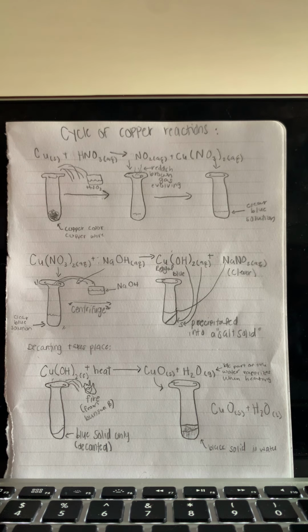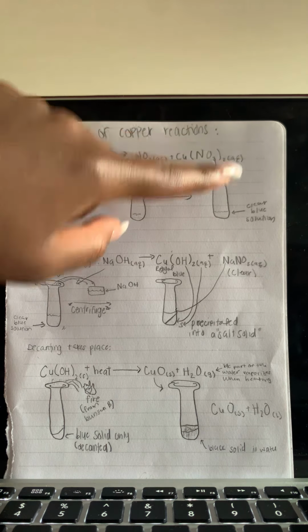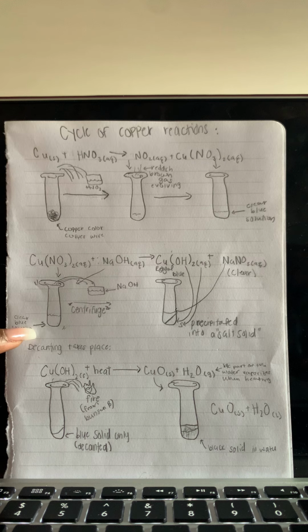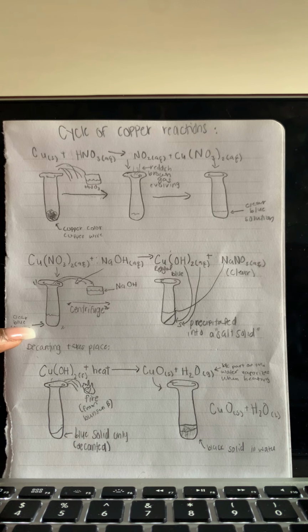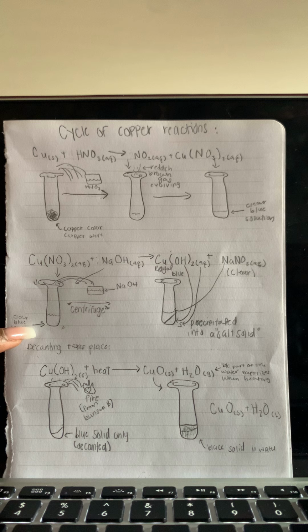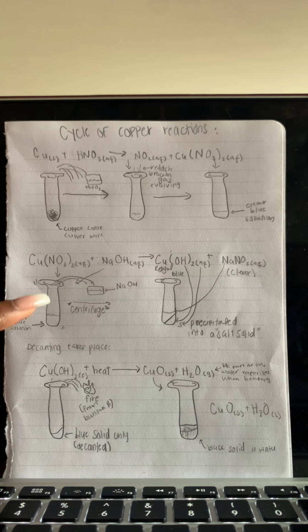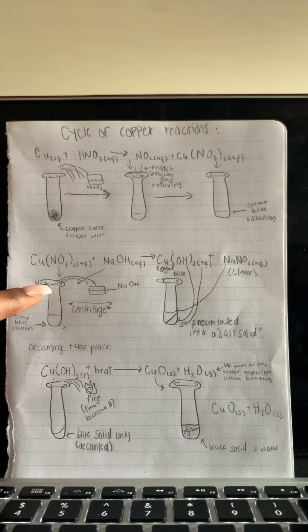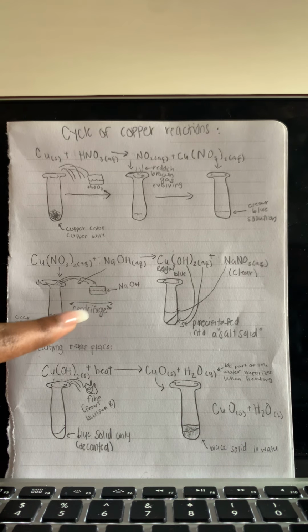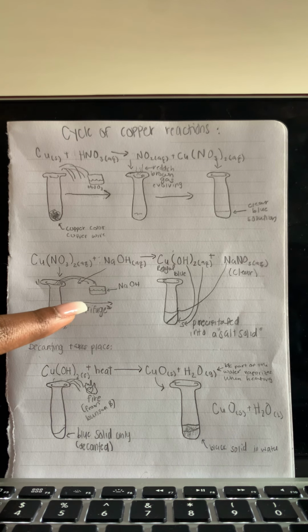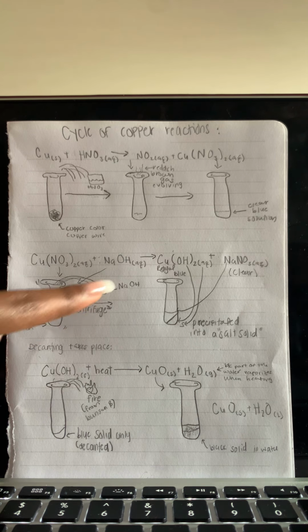Now we're going to start part B, and we're going to take from our clear blue solution and add an aqueous solution of sodium hydroxide. This is the sodium hydroxide. We're adding it into the test tube, and it gets centrifuged and comes out separated.